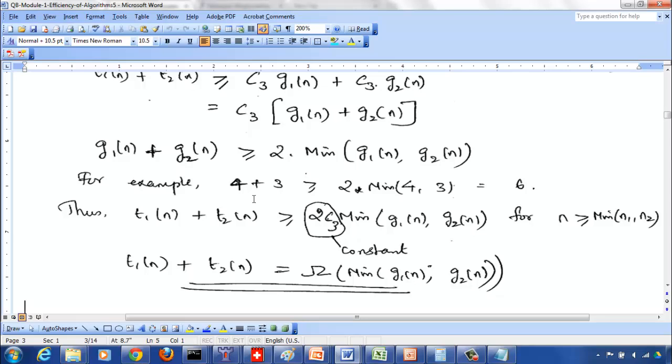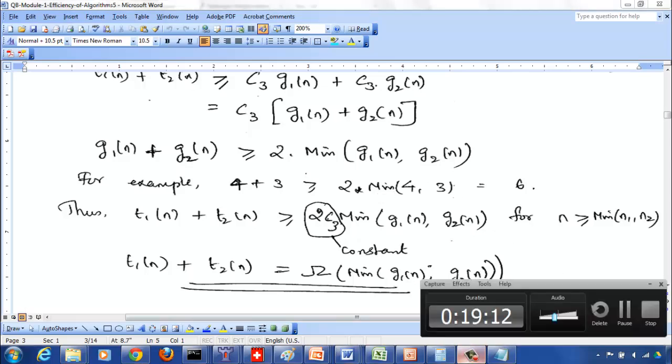So t1 plus t2 is greater than or equal to 2 times c3 times the minimum of g1 and g2. So that's going to be big omega of the minimum of g1 and g2. So we'll stop with this.